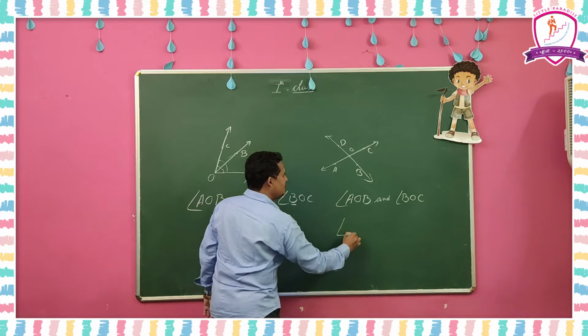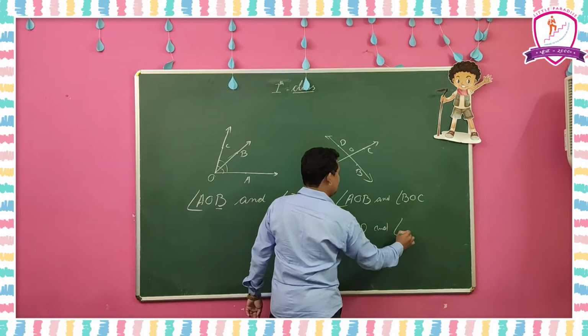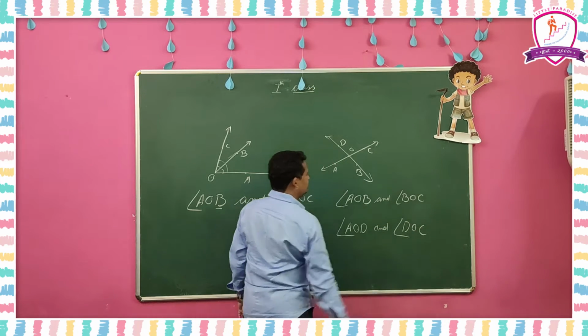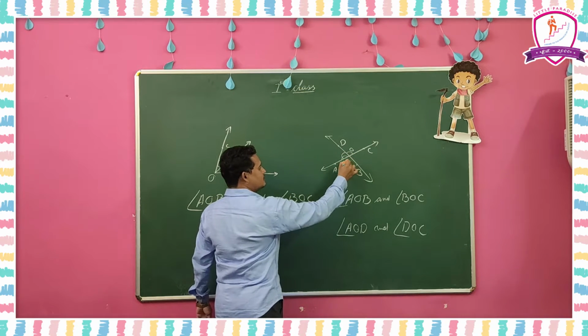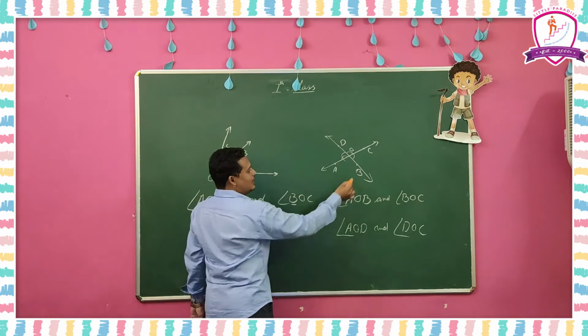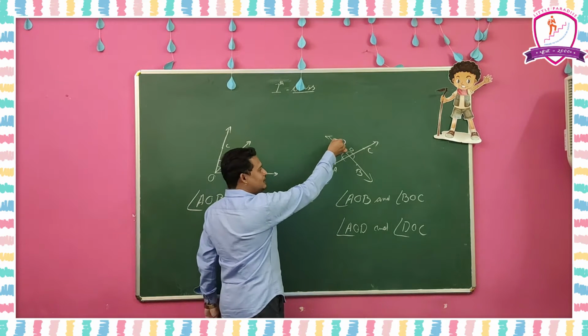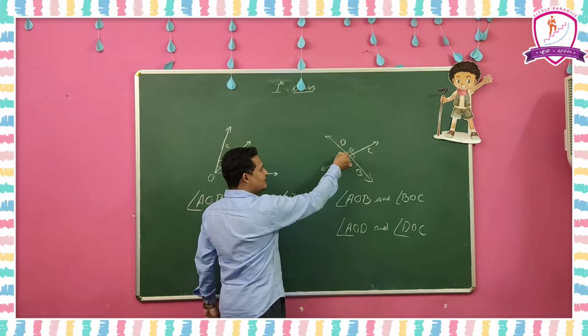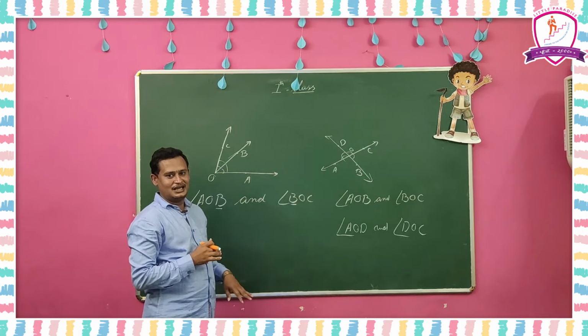Next, angle AOD and angle DOC are adjacent. Next, BOC and COD are adjacent, and DOA and AOB are adjacent. Like that, four pairs of adjacent angles will be there.